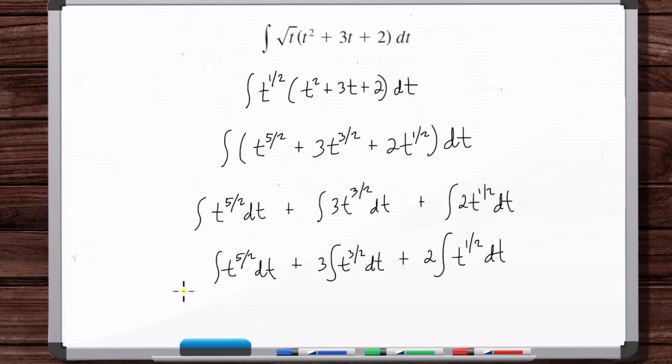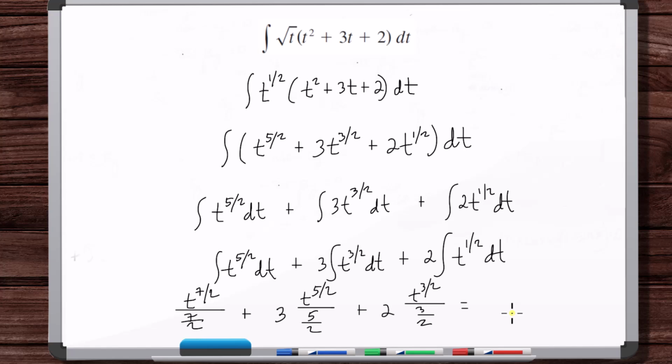So here we've got t to the 5/2 plus 1, which is t to the 7/2 divided by 7/2. Okay, here we've got t to the 3/2 plus 1 would be t to the 5/2 divided by 5/2. And then here we've got t to the 1/2 plus 1 is t to the 3/2 divided by 3/2.